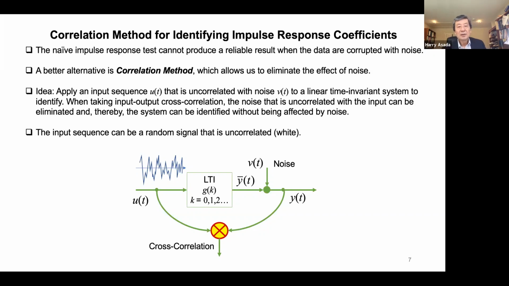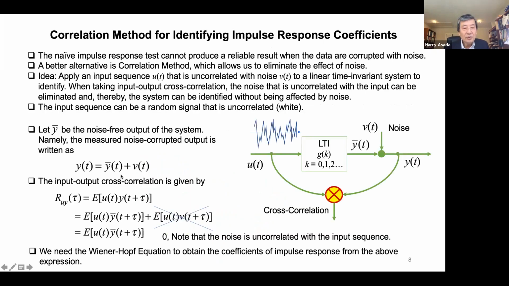Okay. So what you do is, let's represent the true, noiseless output by Y bar, plus XT and VT, right? And we take the input-output cross correlation, which is given by this.